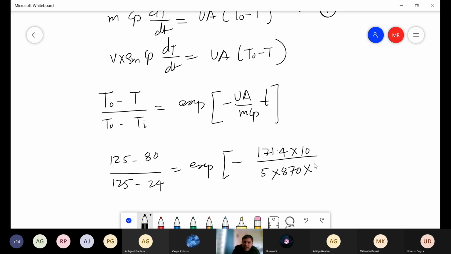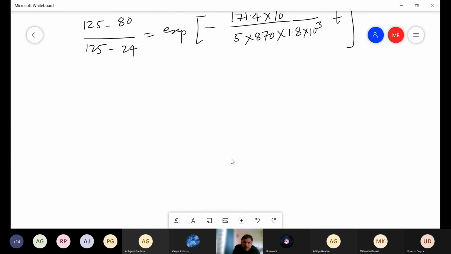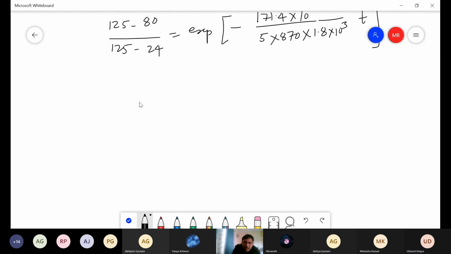Cp value is already given, 1.8 into 10 raised to power 3, multiplied by T. We can back calculate the value of TF here. This is TF. So TF comes out to be.